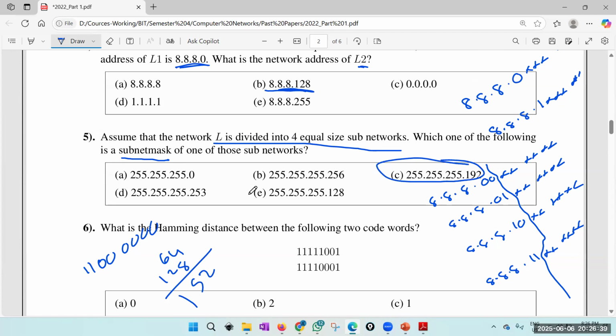For each and every subnetwork, you are going to have the same subnet mask because it's separated by the 26th bit. Answer must be C.